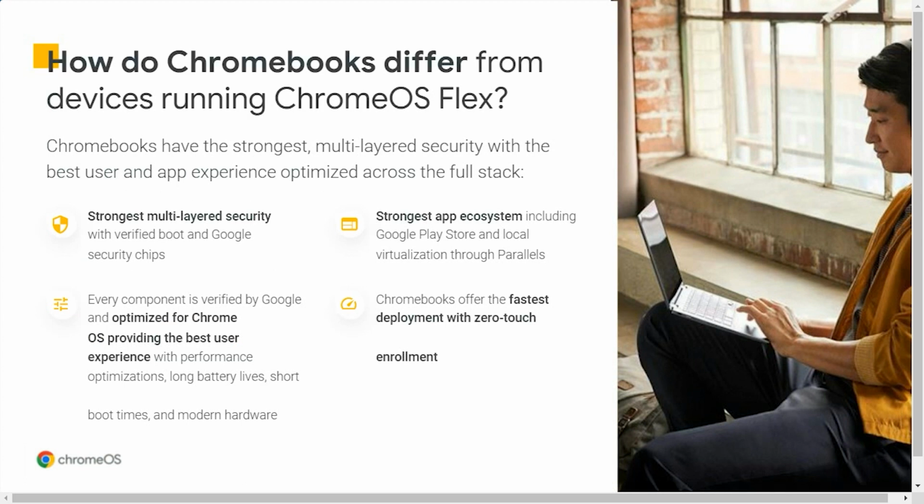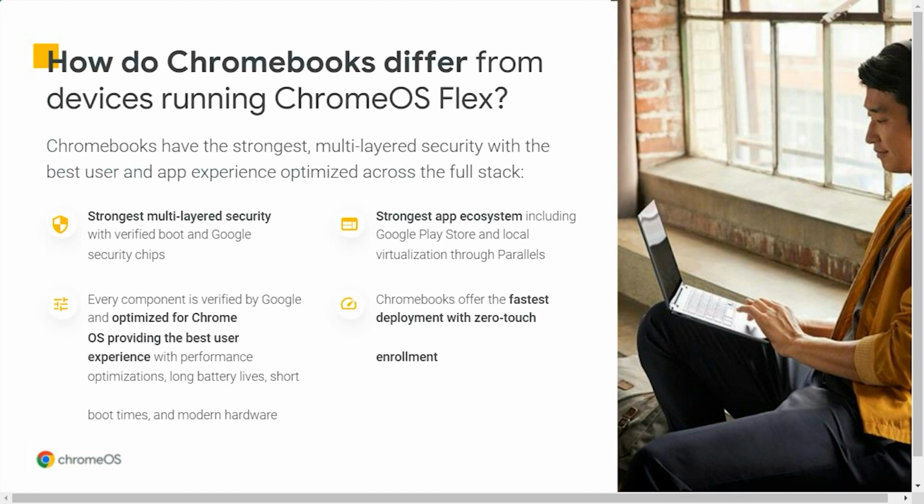So, some questions that I wanted to highlight here about the differences between regular Chromebooks and the Chromebooks that are then running ChromeOS Flex, those old Windows machines. So the first thing is that we have multi-layer security on ChromeOS on the Chromebooks because we have that encryption that is on the device itself.